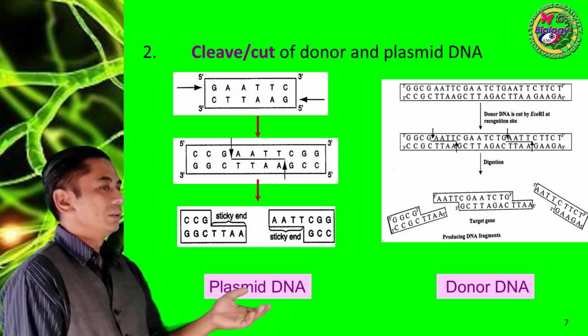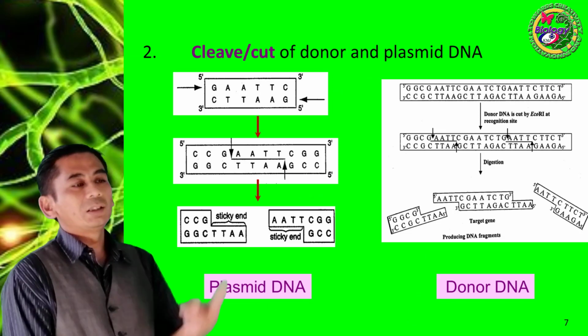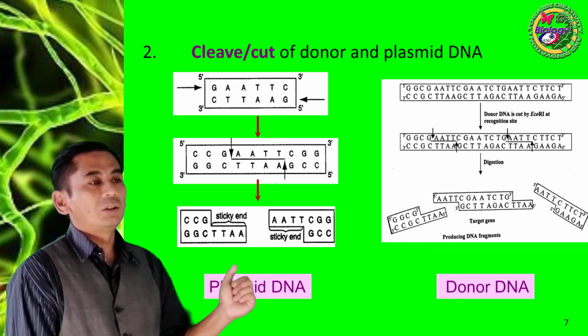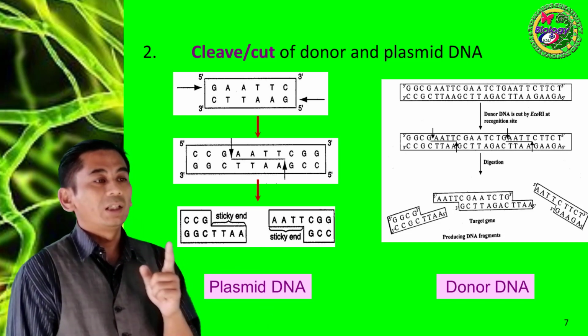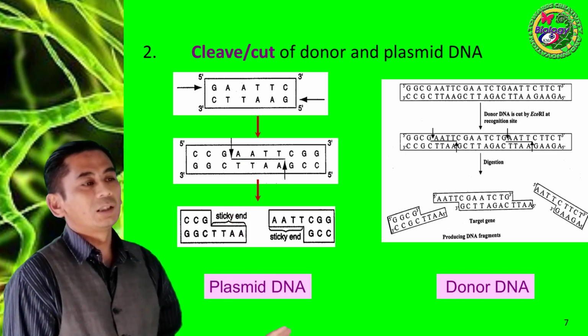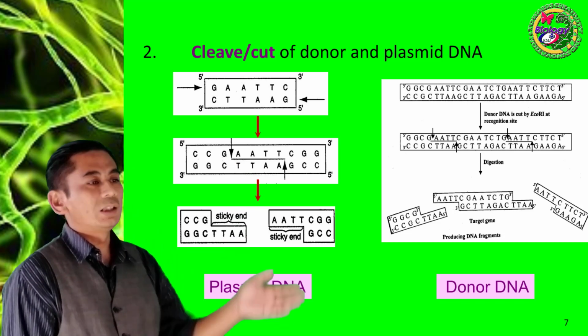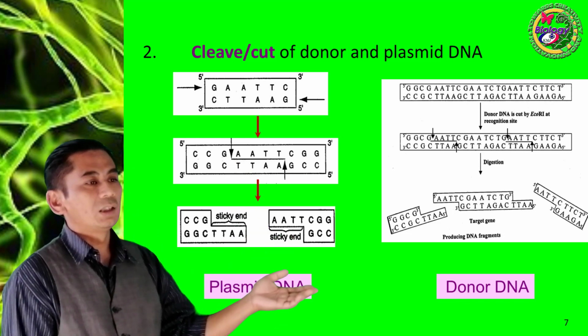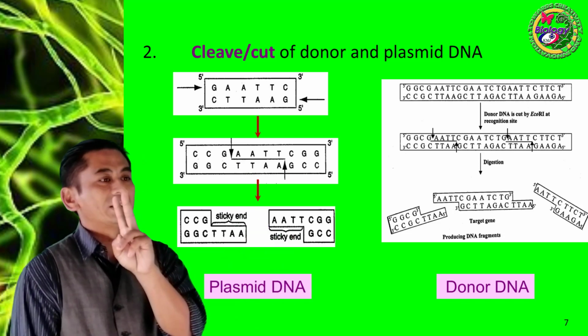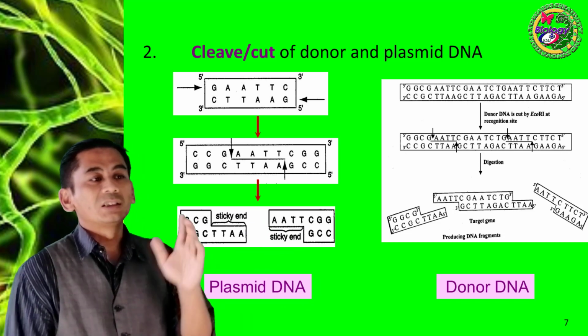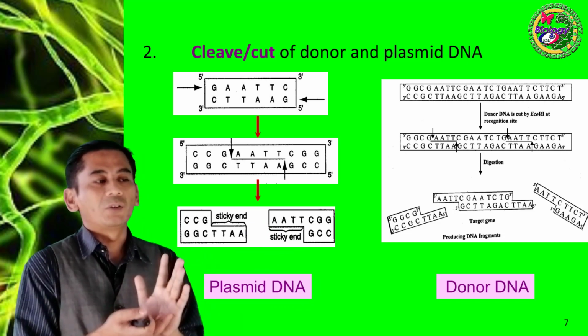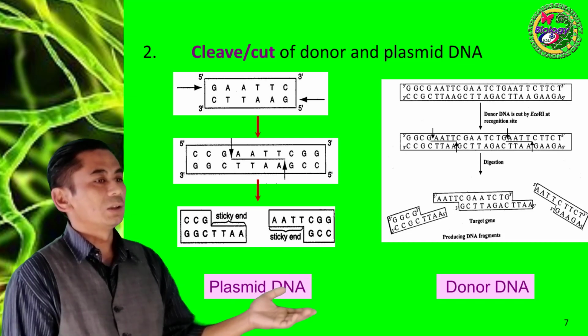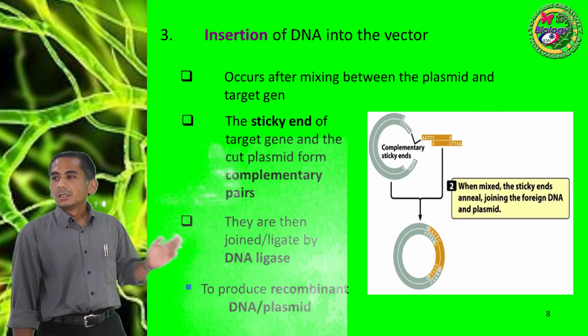As seen in the figure, the plasmid is cut only once to create a single opening, while the donor DNA is cut twice to extract the small section of the gene of interest from the donor DNA strand.